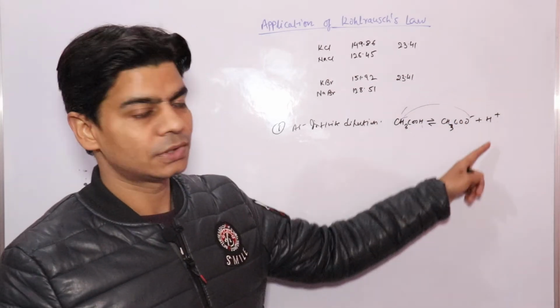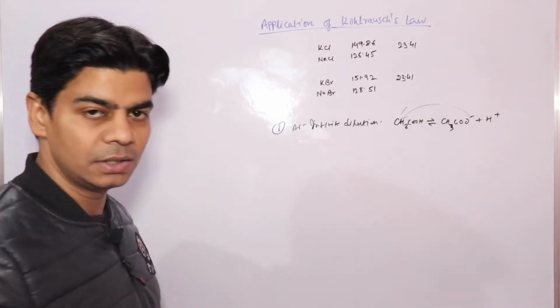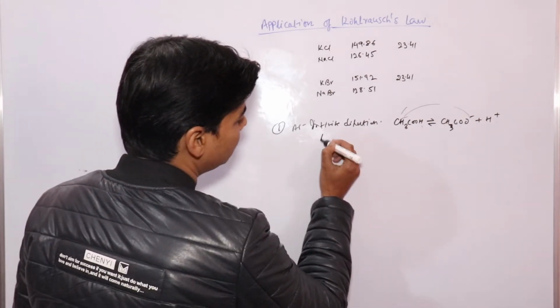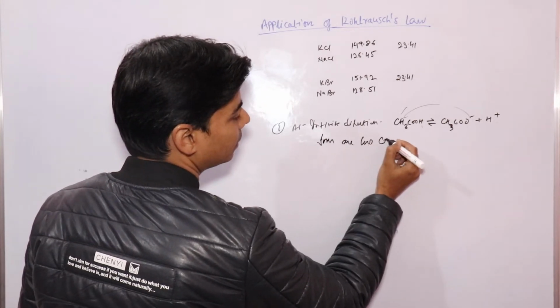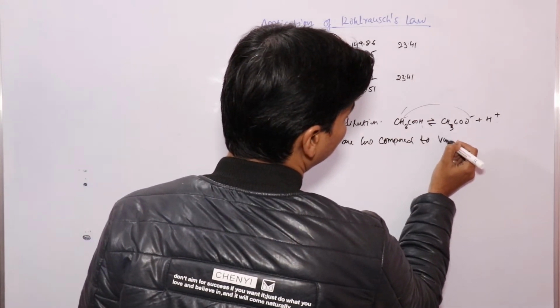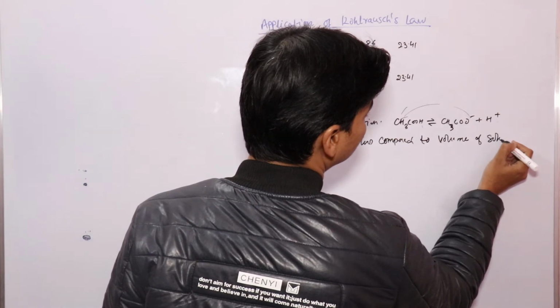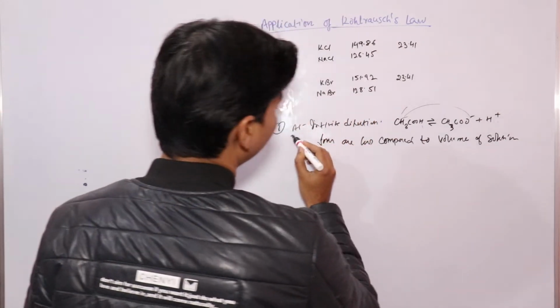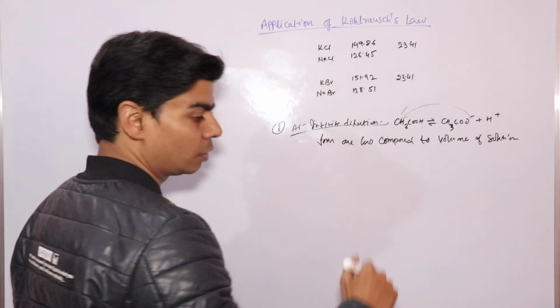Since weak electrolytes contain fewer ions, at infinite dilution the ions are even fewer compared to the volume of solution, because at infinite dilution we are adding more solvent.